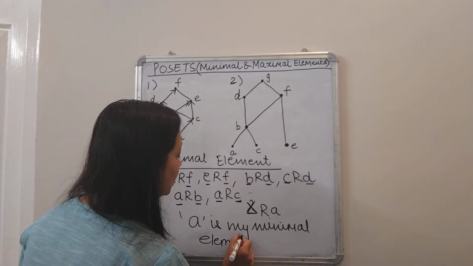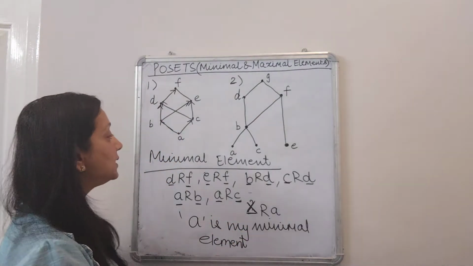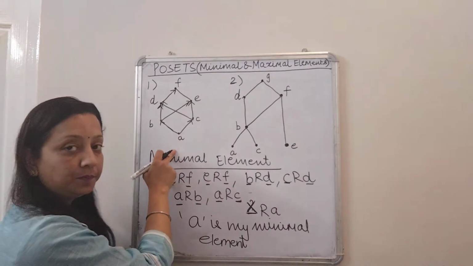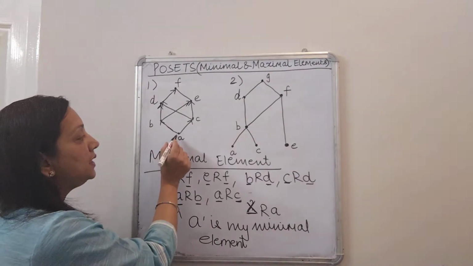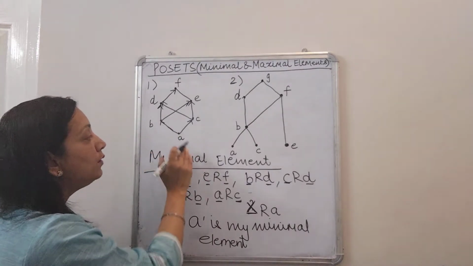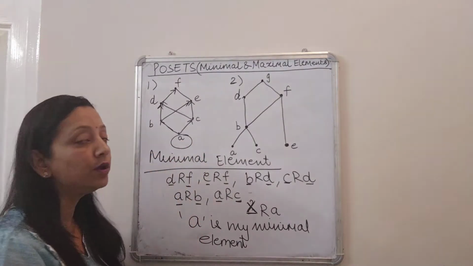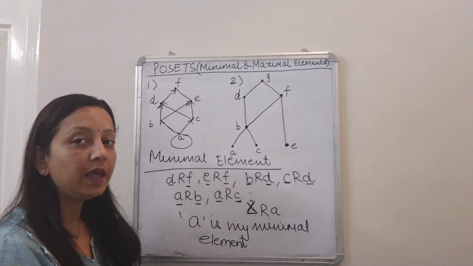To simplify the definition further, I can say that if there is no branch going further from an element, like here you can see that there is no branch going from A, then you can call it a minimal element.